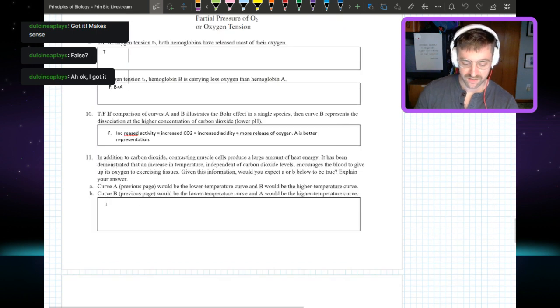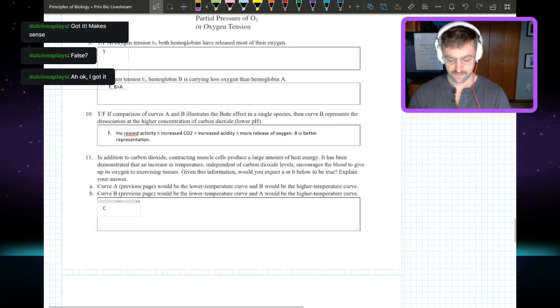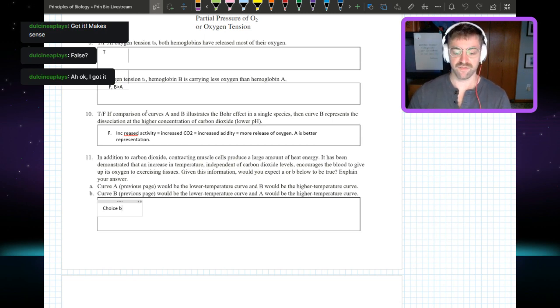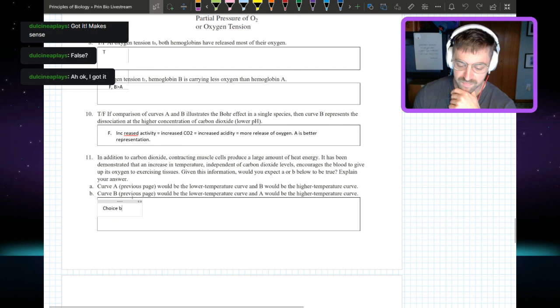So when you get these exam questions, read what they're asking for very carefully. In this last question here, notice what's going up and down in muscle tissue related to temperature, related to high temperature.